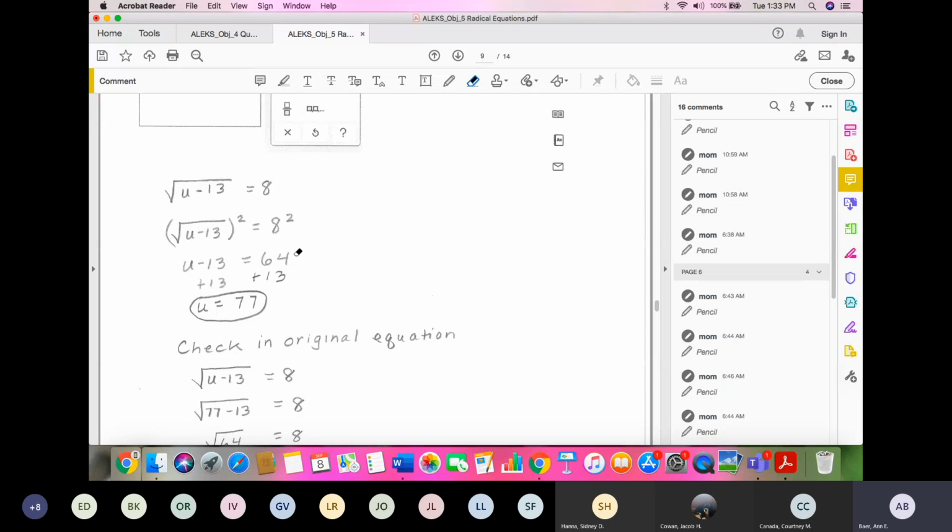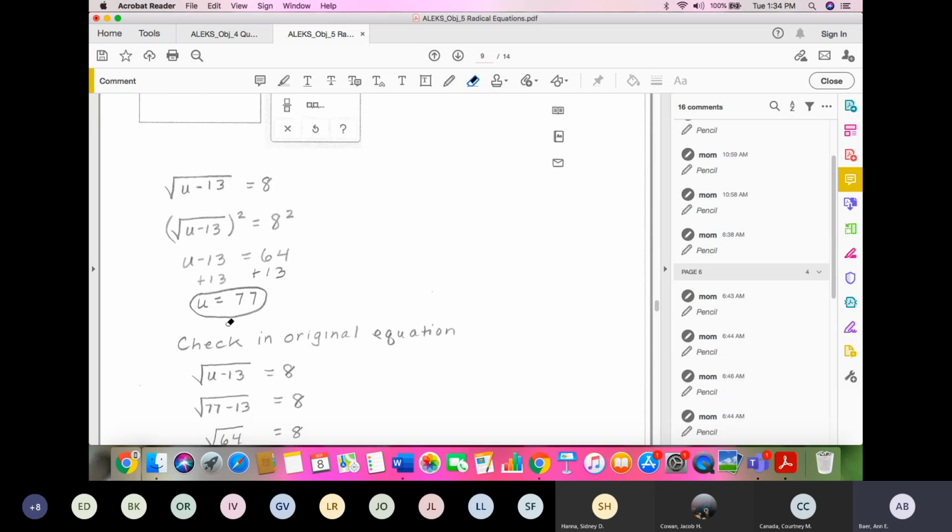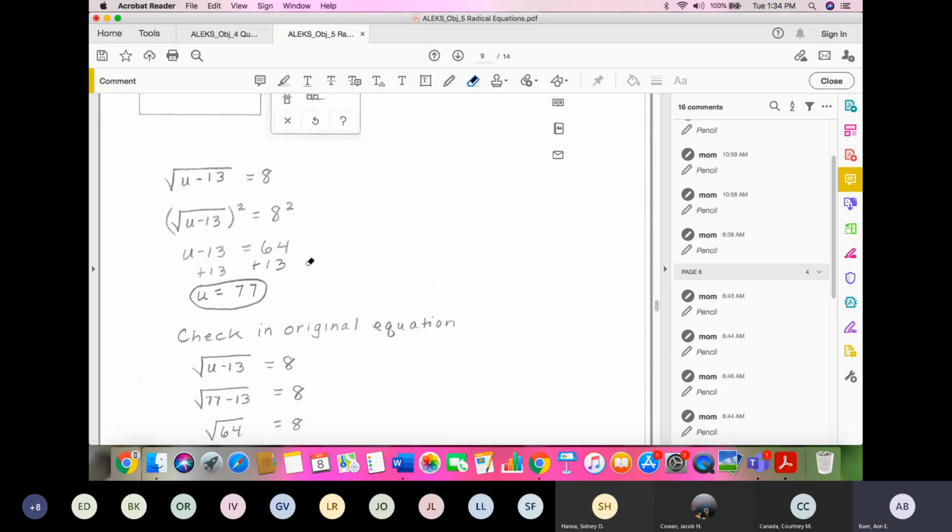You're welcome to use your calculator to find that out. And now just to get u by itself, we need to undo subtracting 13. The opposite is addition, so add 13 to both sides. Minus 13 plus 13 is 0, so we get u plus 0. So we get u on this side equals 64 plus 13. 4 and 3 is 7. 6 plus 1 is 7. So we get u equals 77.